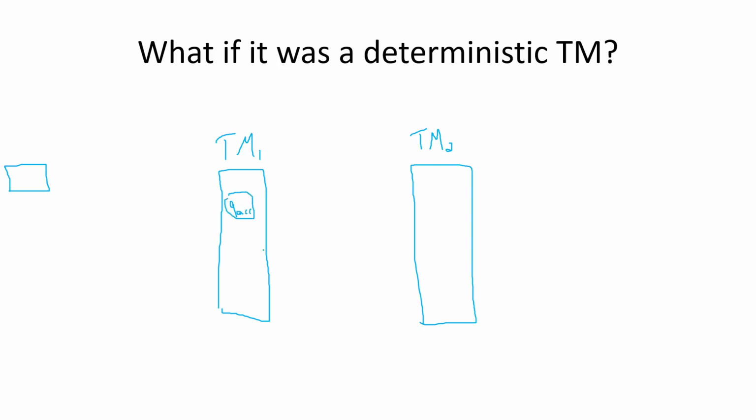It's over. But if it rejects, instead of making this a reject state, I'll change it to a normal state and have this state go to the start of the other machine. Then if this machine accepts, you simply accept. If it rejects, that means both of them rejected, so neither will accept.